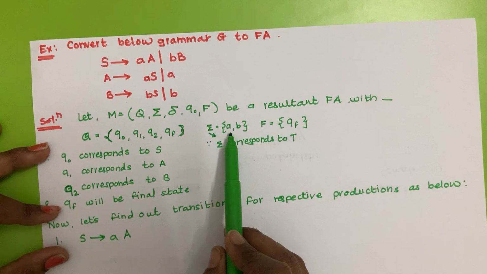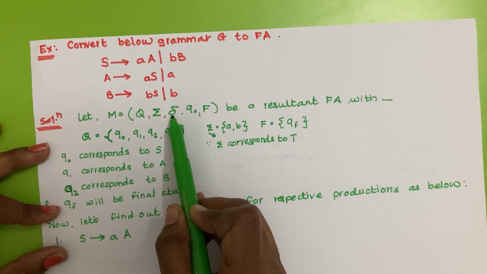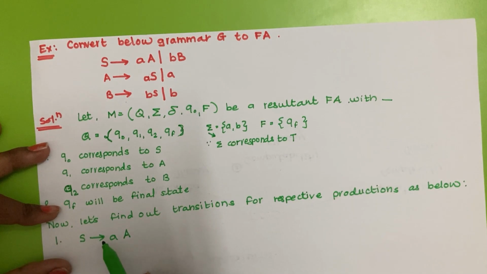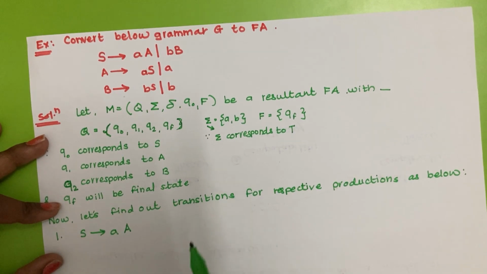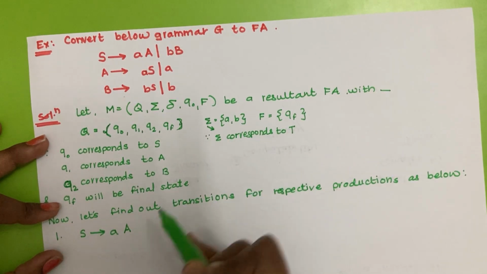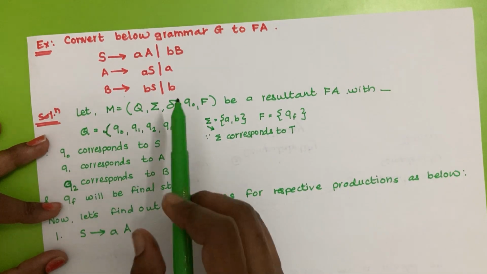That's why sigma will be {a, b} only. Next we have to find the delta transitions, the set of transitions, from the given productions by following the 2 rules as we have discussed in the earlier video. We will find that out later.